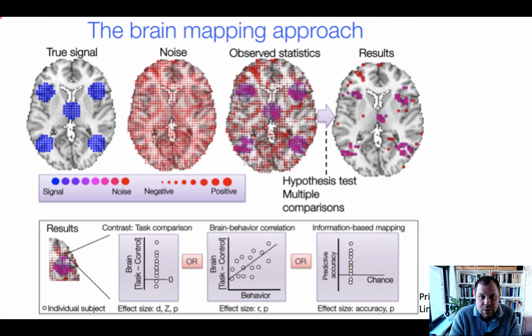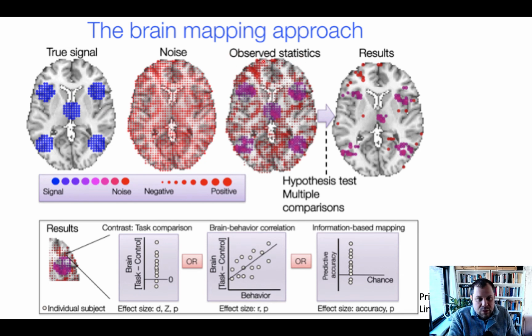So let me illustrate this based on some brain images here. So obviously these are all simulations, right? These are not true effects. But let's assume that we want to identify some true signal, and that's related here. So for instance, in the insula, we have some true signal, and in these other regions. The problem that we have to deal with then obviously is that we have to cope with some noise that's distributed throughout the entire brain. And what this is doing basically, it's going to blur the true signal that we want to detect.